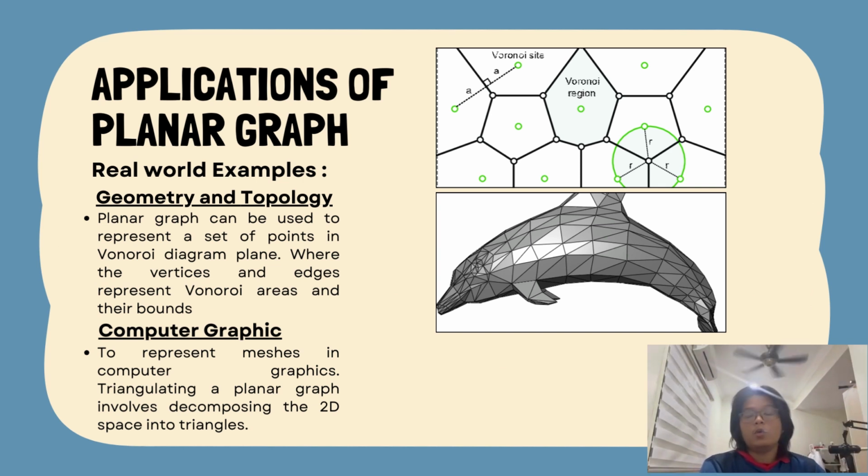The next one is computer graphics, where planar graphs are used to represent meshes. Triangulating the planar graph involves decomposing two-dimensional space into triangles. As you can see in the slide, there is a picture of a dolphin that consists of a collection of vertices, edges, and faces that define the shape of a 3D object.